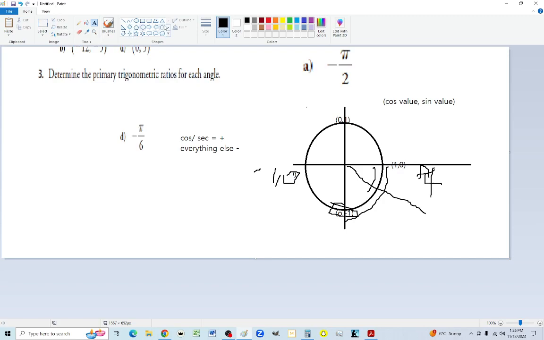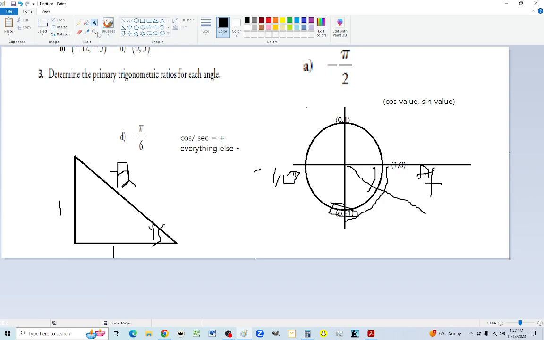If you recall your special triangles, 45 was as if you made 1 here and 1 here, and both these corners are 45, which means this here is the square root of 2.